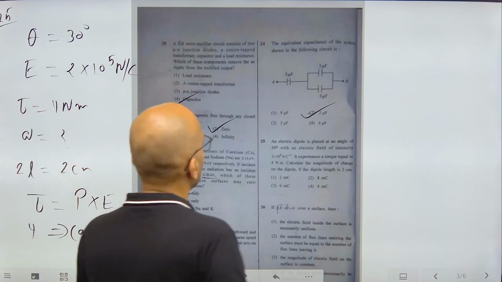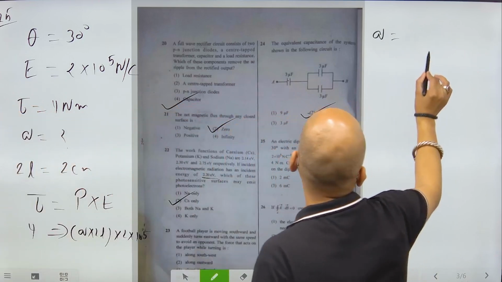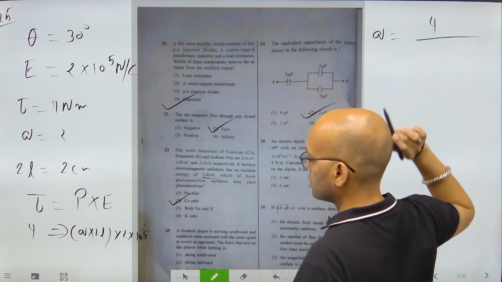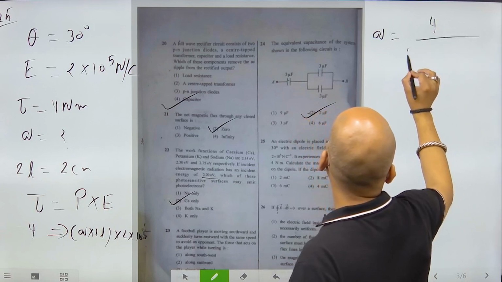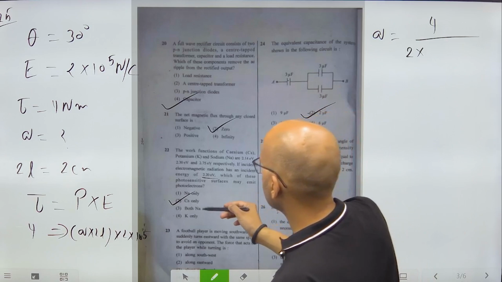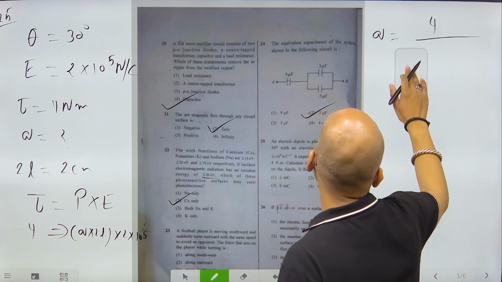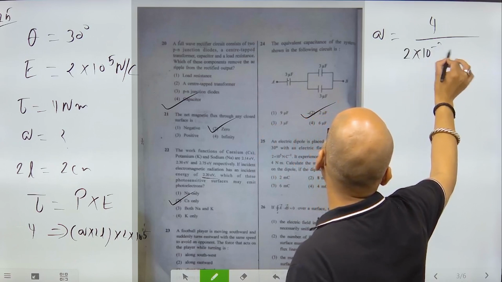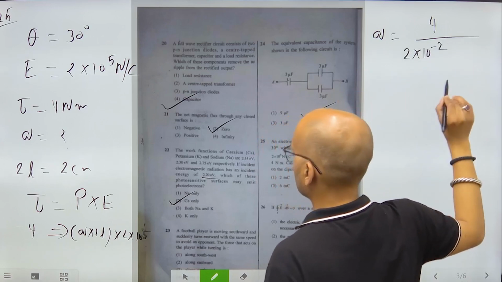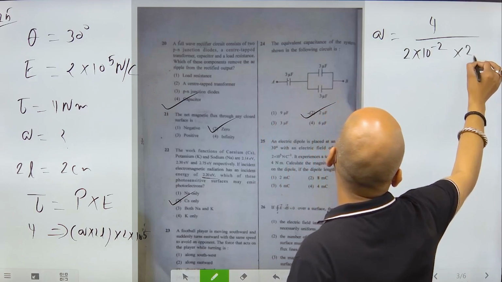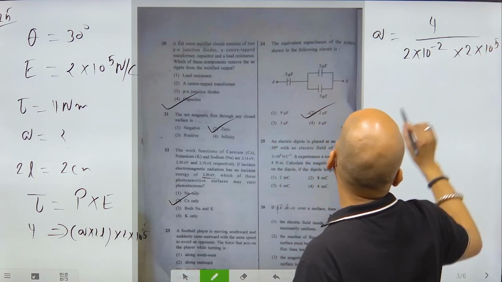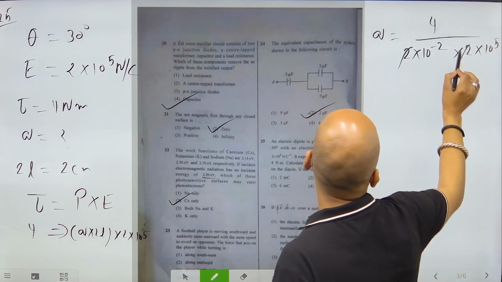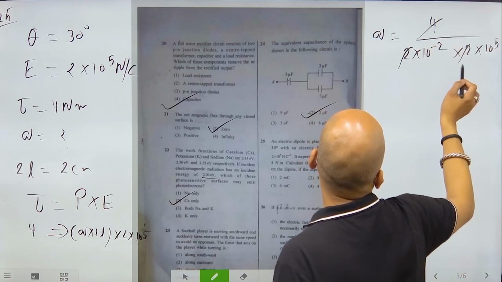So Q will come out as 4 upon 2L, which is 2 centimeters, that is 2 into 10 to the power minus 2, into 2 into 10 to the power 5. 2, 2, 4 gone.